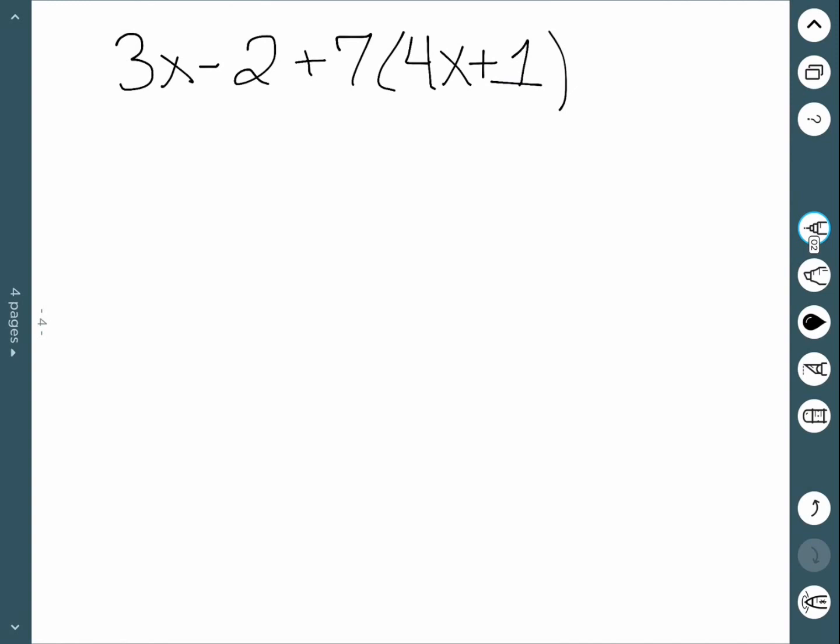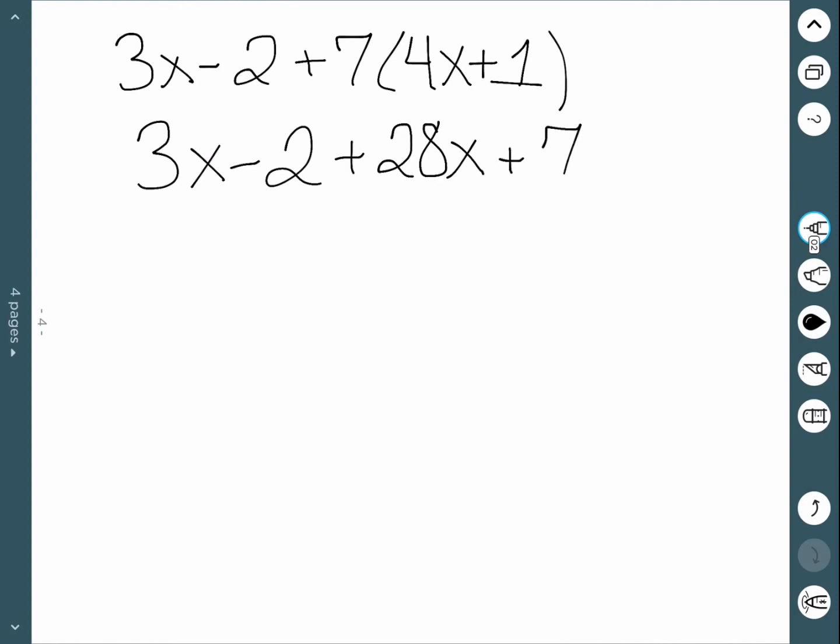But we can use our distributive property again. We see the 7 in front, and if I multiply 7 times 4x, 7 times 4 is 28, so I get 28x. I also need to do 7 times 1 to get 7. And now we can look at combining like terms.